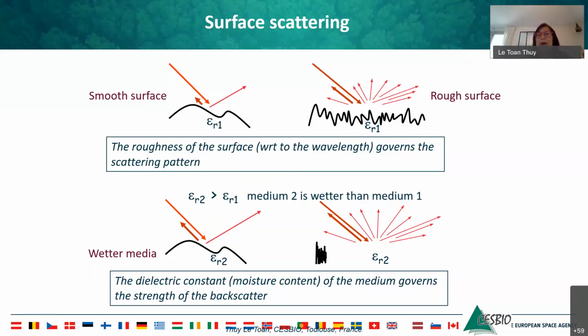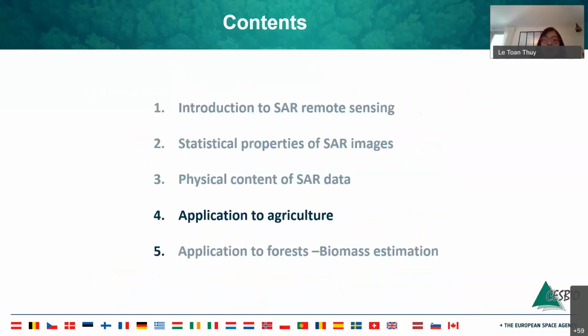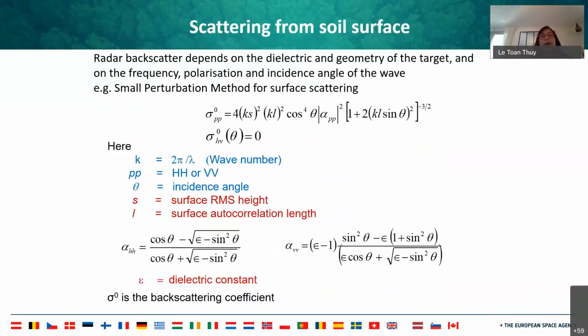So it's relative to the wavelength. Okay, so I go here, then we understand more. Application to agriculture. There's statistical scattering from the soil surface.